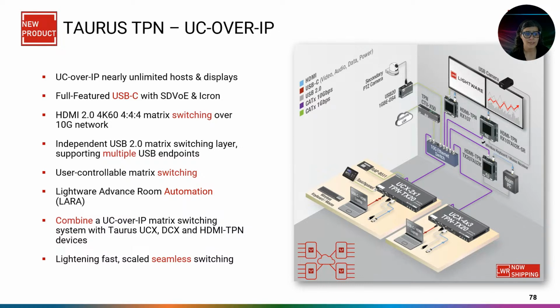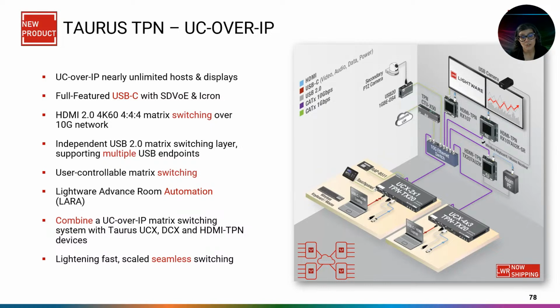And just like with everything else, you've got access to the Lightware advanced room automation, and you can mix and match these. And there are some different DCX models as well. So truly, you can mix and match and get any type of room that you want.